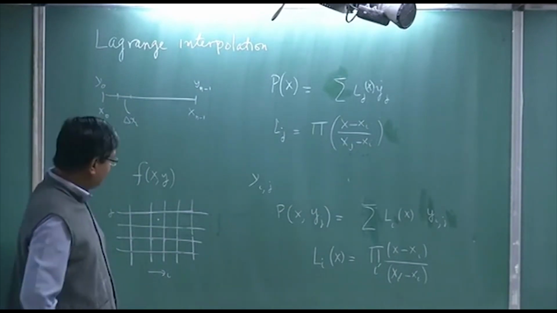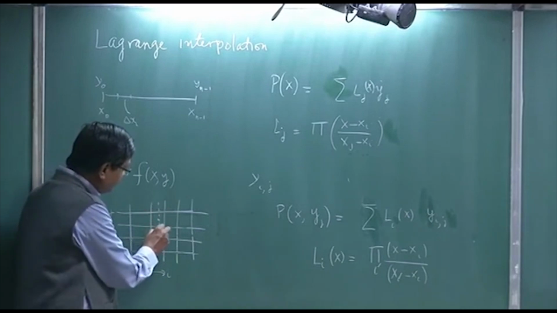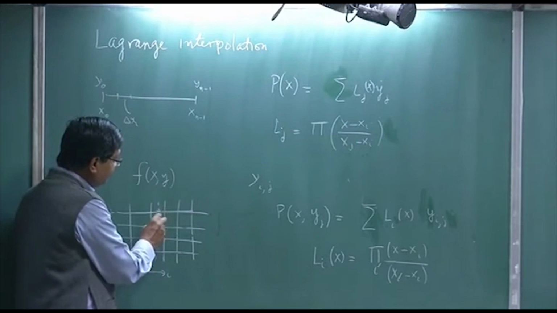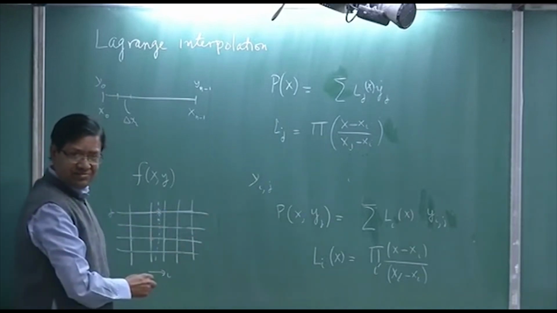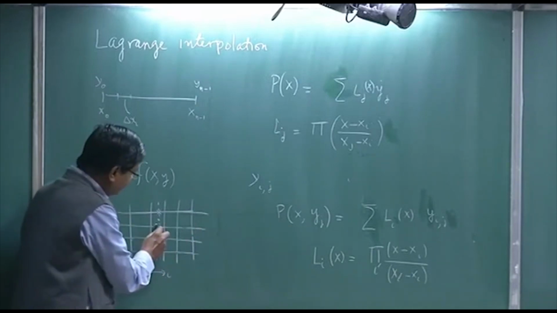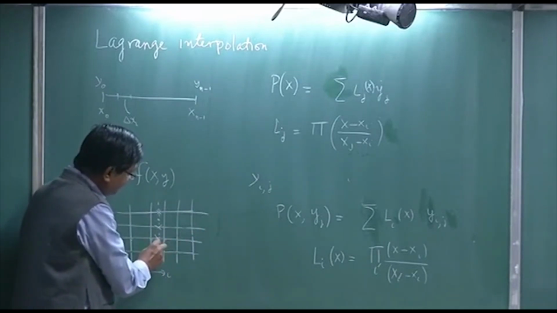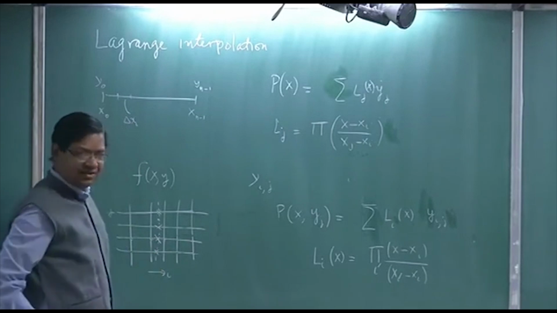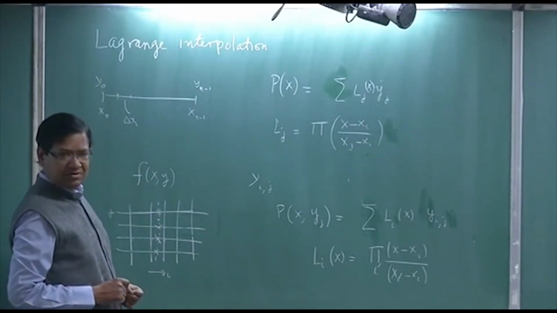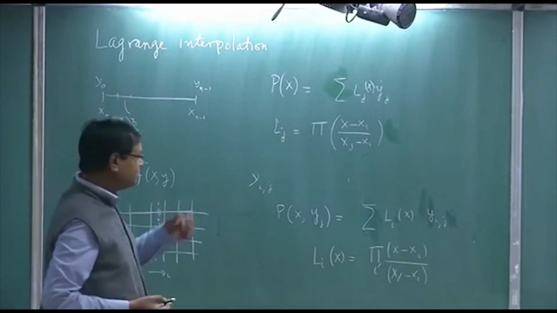So I draw a dashed line, and I know the value of the function here by this formula, because that corresponds to this particular j. I know the values here, here, all these values. Now interpolate along y. Okay, so that's the idea.